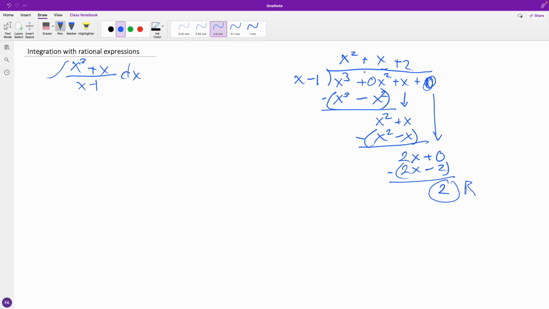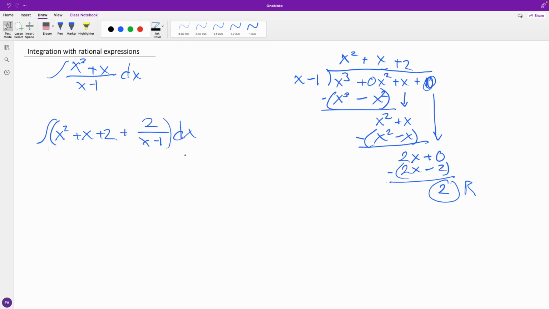So what I now know is I can rewrite this rational function using my quotient as x squared plus x plus 2 plus 2 over x minus 1, all that dx.